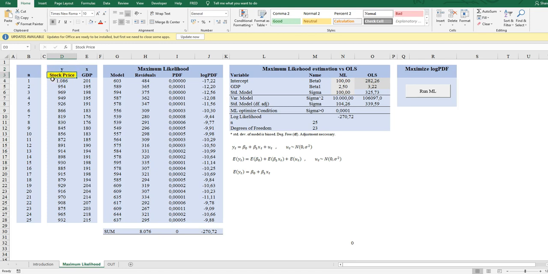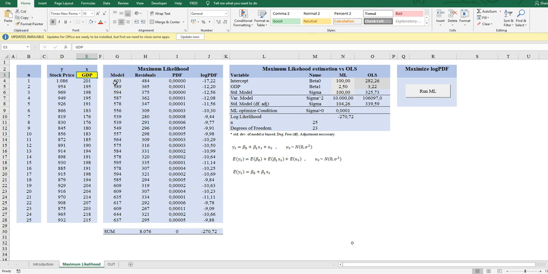It's the stock price. 25 observations obviously, and on the right hand side of the equality sign in the equation we have the GDP, which is then the explanatory variable that should ultimately be used to predict the price level. So we need to find a linear estimated relationship where the stock price is dependent on the GDP.